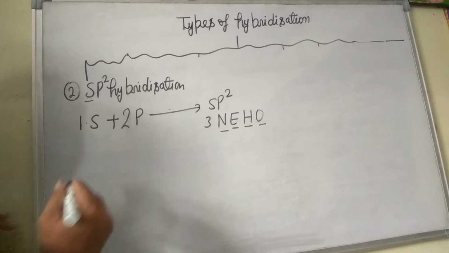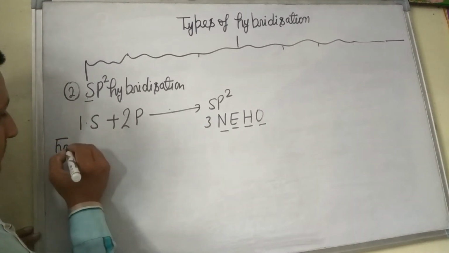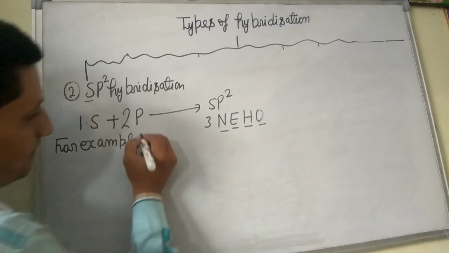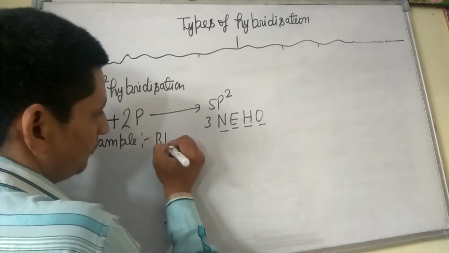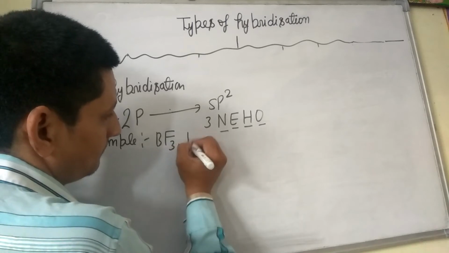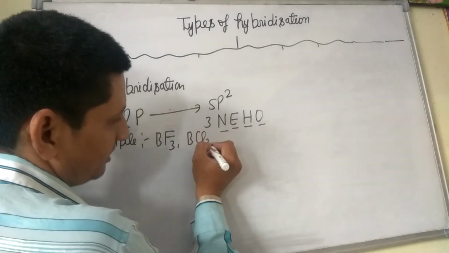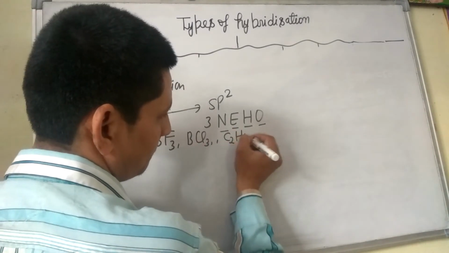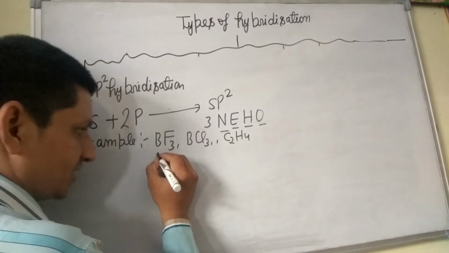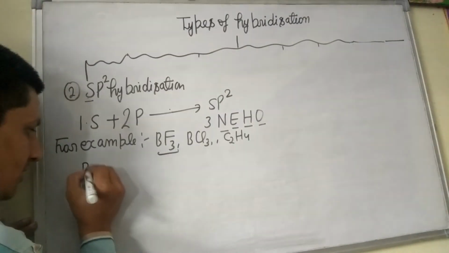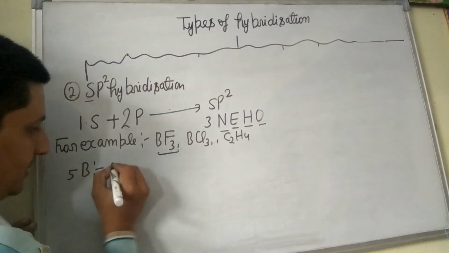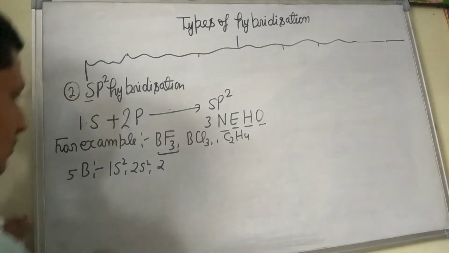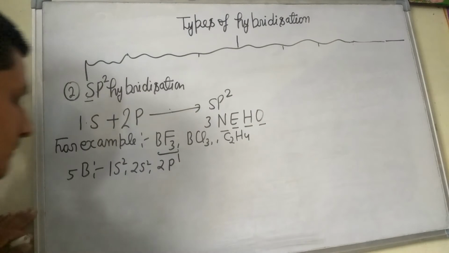After this, for example, boron trifluoride, boron trichloride and ethene. So look here, first we discuss hybridization of BF3. The atomic number of boron is 5, its electronic configuration is 1s2, 2s2, 2p1.